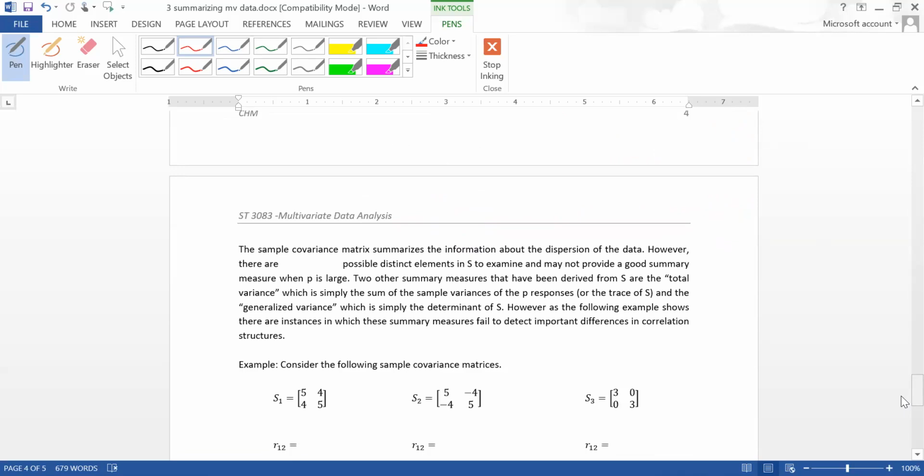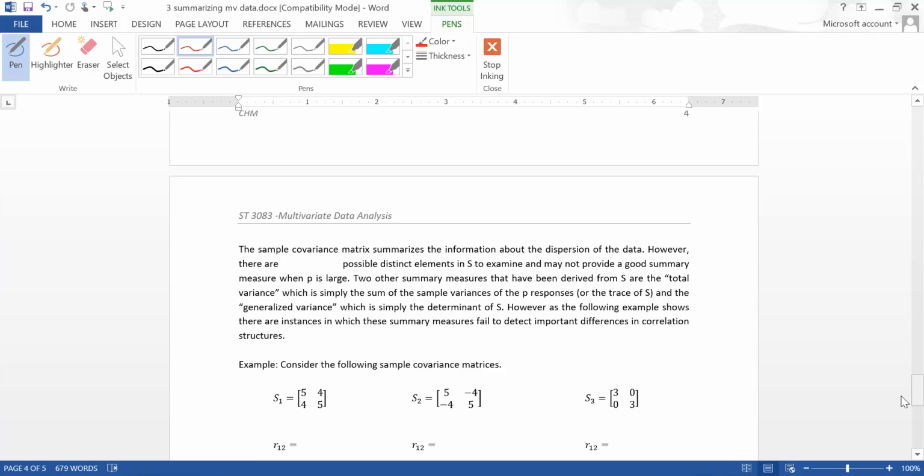Now, read this, please. The sample covariance matrix summarizes the information about the dispersion of the data. Yeah, that's what we are trying to do, right? We try to summarize the dispersion of our data matrix. However, there's a blank space here: possible distinct elements in S to examine.